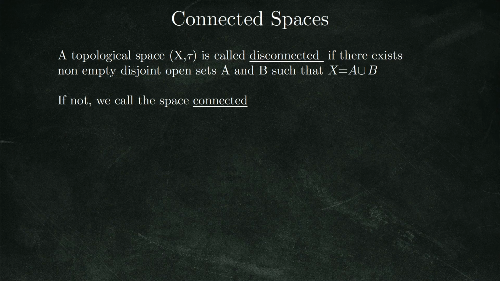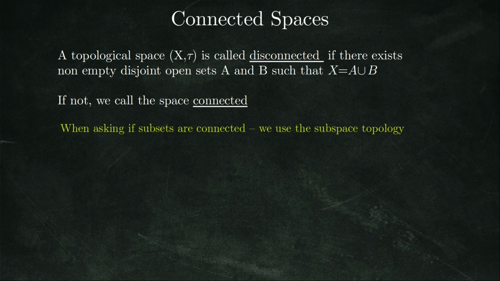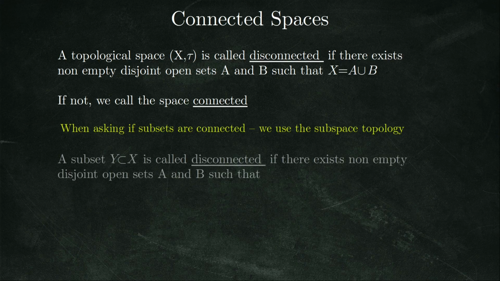Then if we want to ask if a subset or a subspace is connected, we could either use the subspace topology, or as an equivalent definition, a subset Y is called disconnected if there exist non-empty disjoint open sets A and B such that A intersect Y and B intersect Y are both non-empty.